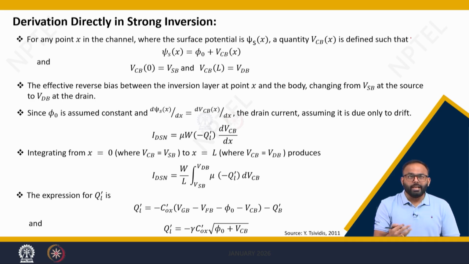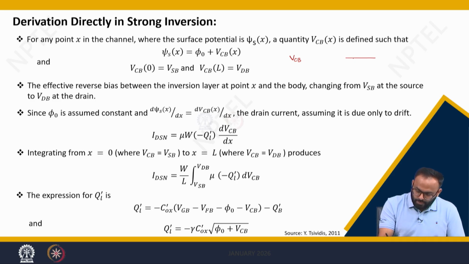Now can I represent the same equation without using the previously defined equations based on surface potential or charge, and derive the equation of the drain current directly using the difference between quasi Fermi levels, which is given by VCB? So let us consider you do have a MOSFET. This is X direction, this is Y direction, and you are applying the voltages VDB here, VSB here.